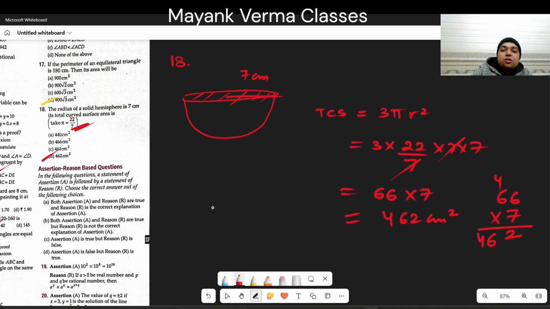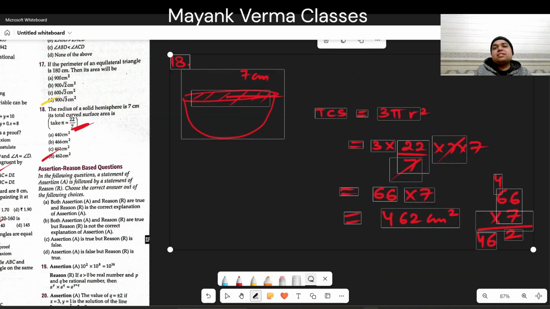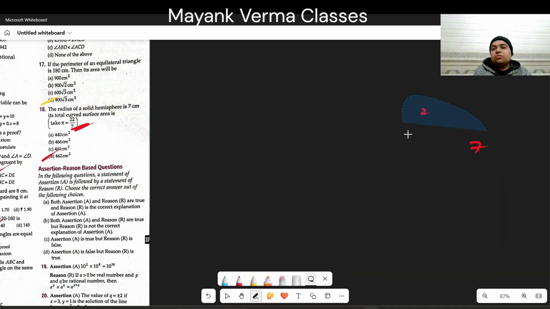Got it? Okay, now let's see the 19th question. These are easy ones because these are statement based questions, assertion and reasoning, right?